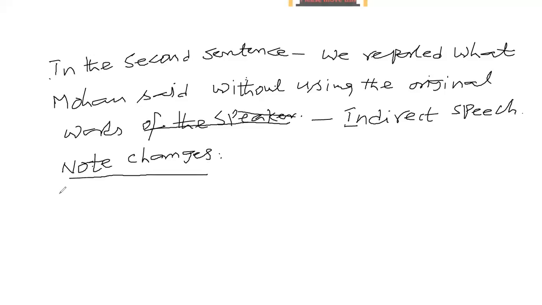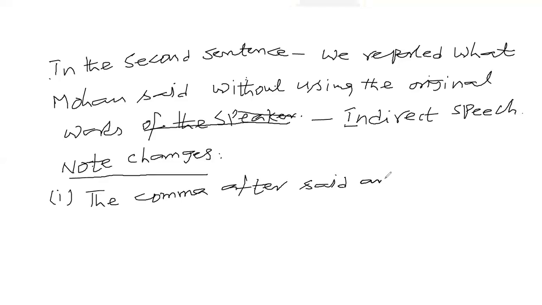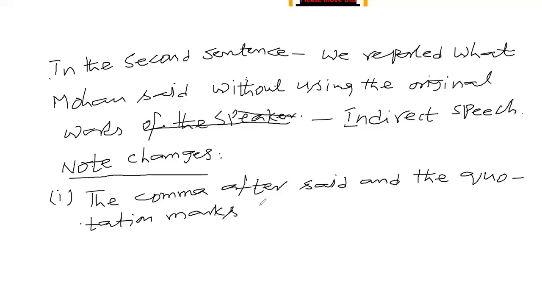What is the first change that occurred when we converted direct into indirect speech? The first one is that the comma after said and the quotation marks have been removed.